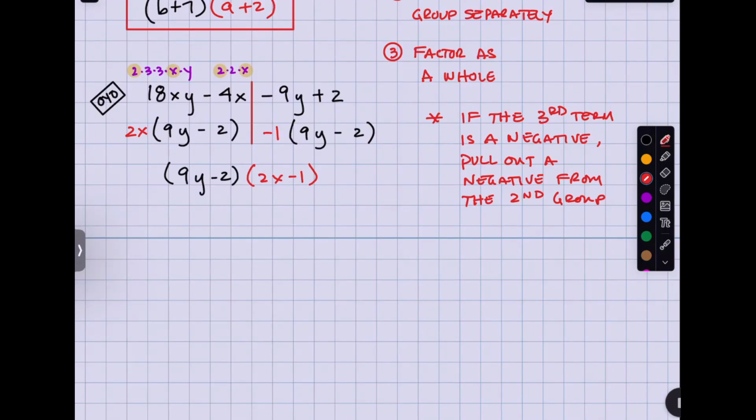Right? If you notice, negative 9y is the third term. It's negative. So notice that we pulled out a negative from the second group.